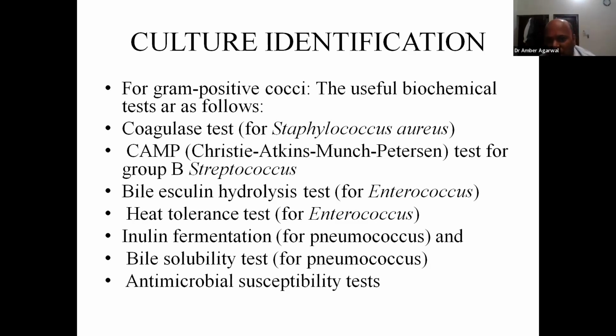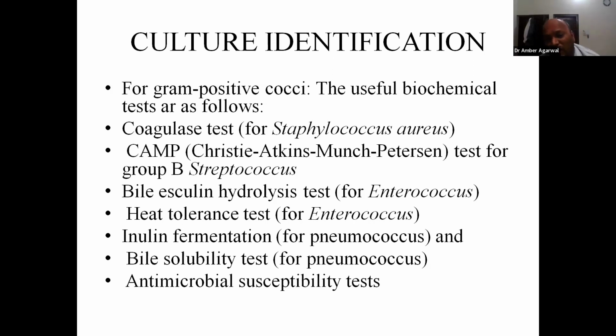And according to the specimen, for example, if a CSF is there and you have got an alpha hemolytic colony, it can be strep or, unlikely, entero, most probably strep. A pus with beta hemolytic colonies would be staph. So you narrow it down, and then to further identify, you do a particular test.